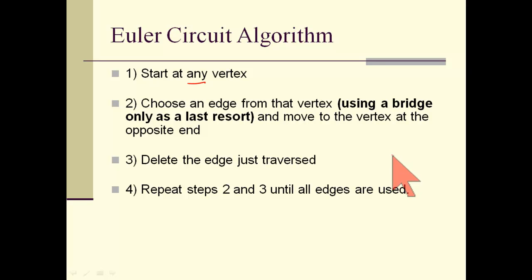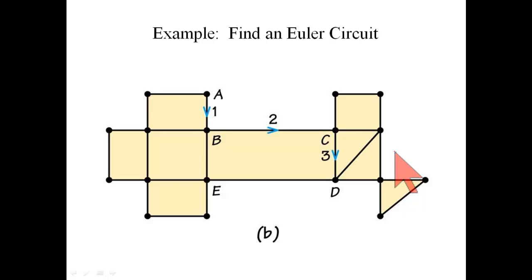Let's show an example. Does this graph have an Euler circuit? Well, it's connected, and I go through and examine the valences of each of the vertices, and I see 4s and 2s, and I guess that's all.